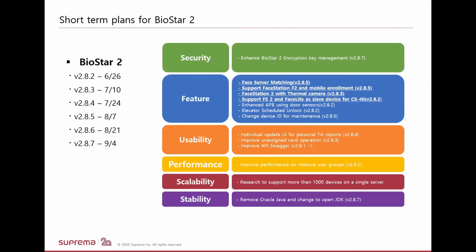So what we're going to do is remove the Oracle Java and change to an OpenJDK platform, which you don't have to pay for, and if there are any problems or any kind of maintenance needed, any issues reported, then we can upgrade the JDK and provide it through the new BioStar 2 version.